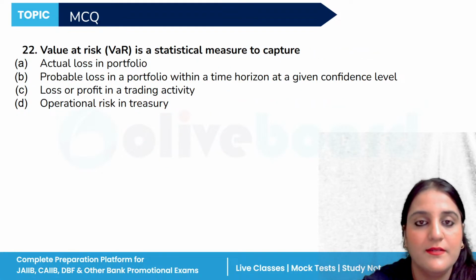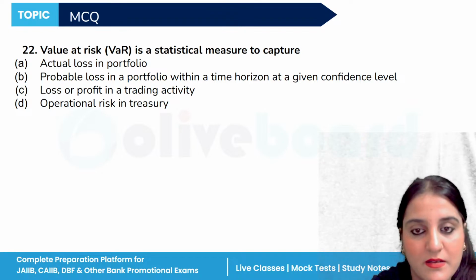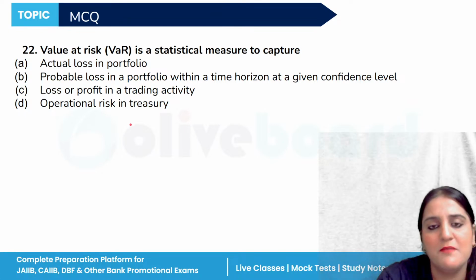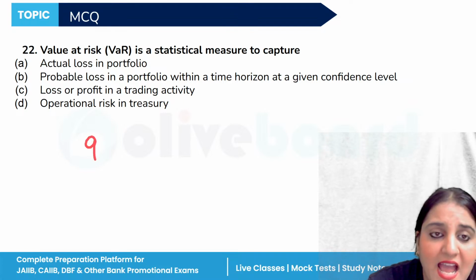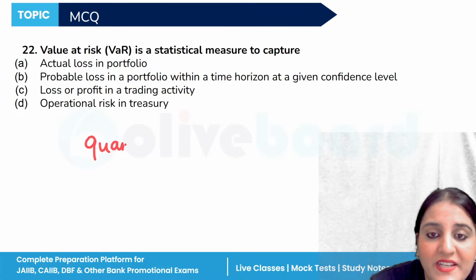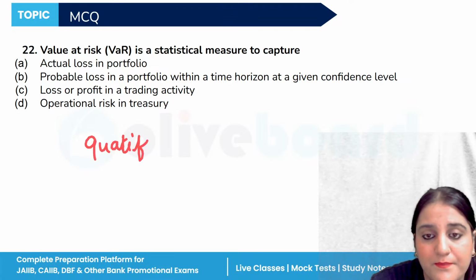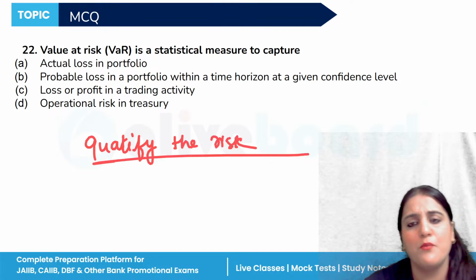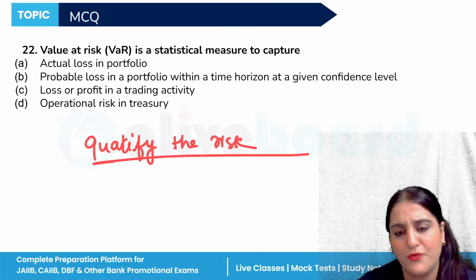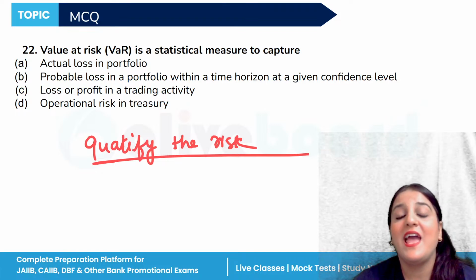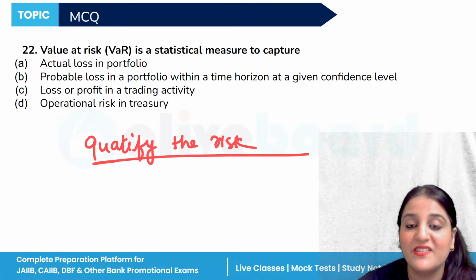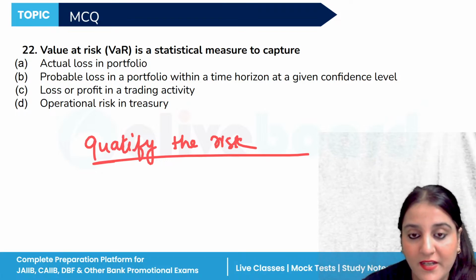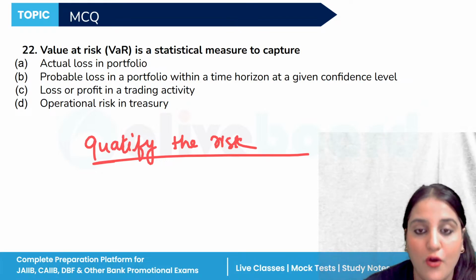Now, value at risk is a statistical measure which is useful to quantify the risk of loss on a portfolio of assets. It provides an estimate of the maximum potential loss over a specified time period with a certain level of confidence.